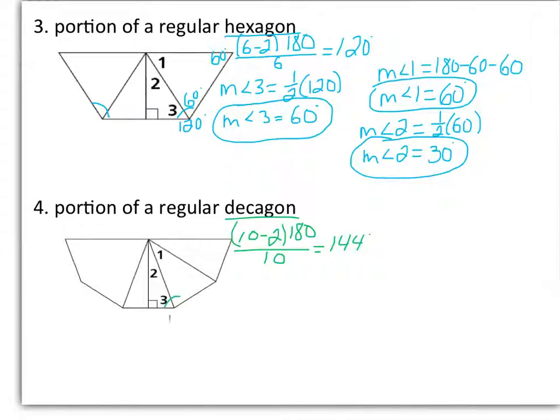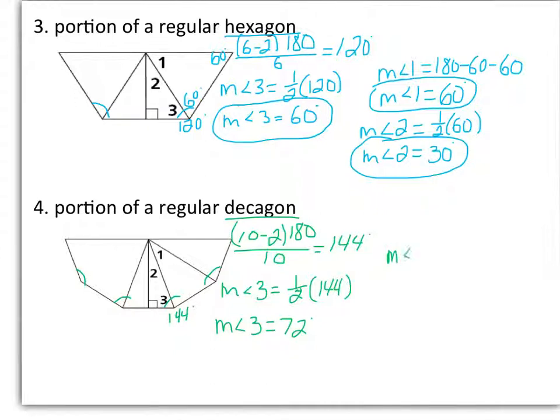So that's this angle here, and here, and here, here. Okay, so those are each 144. So the measure of angle 3 will be half of 144. So the measure of angle 3 is 72 degrees.